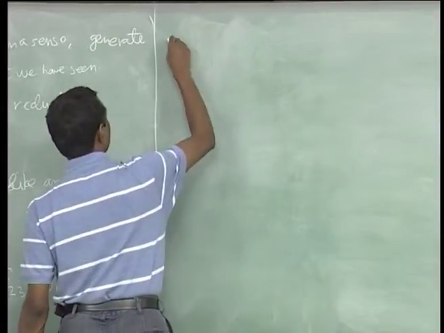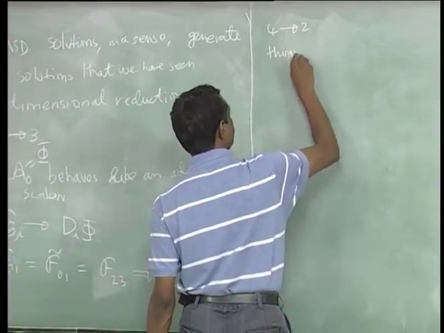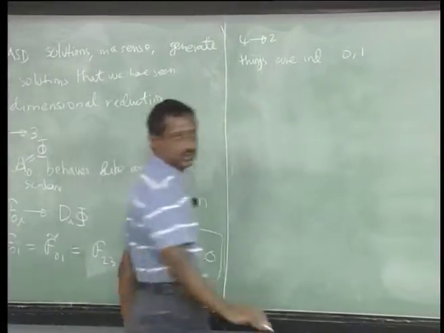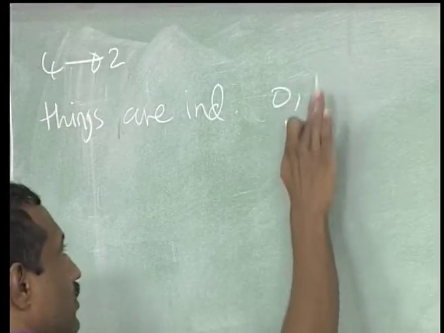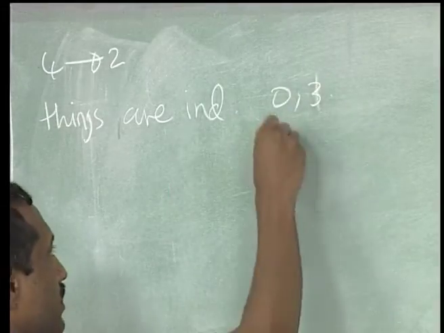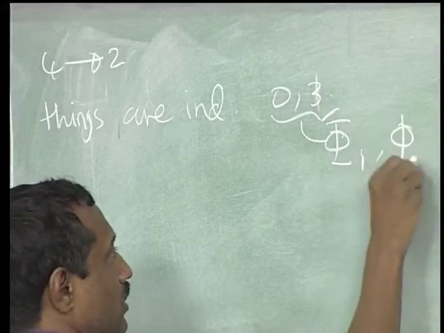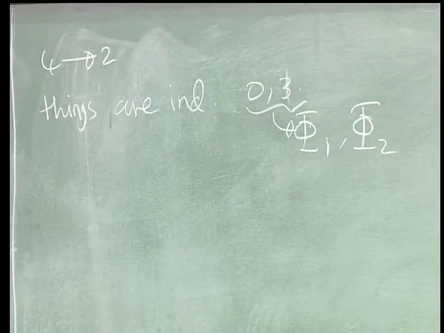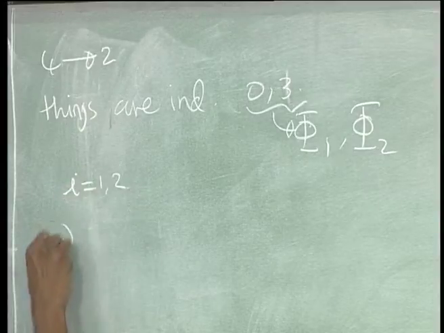Let us now go from 4 to 2. Things are independent of the 0 and 3 coordinates, and let us call these two scalars phi 1 and phi 2. So, I end up with two adjoint scalars. I runs only over 1 and 2.